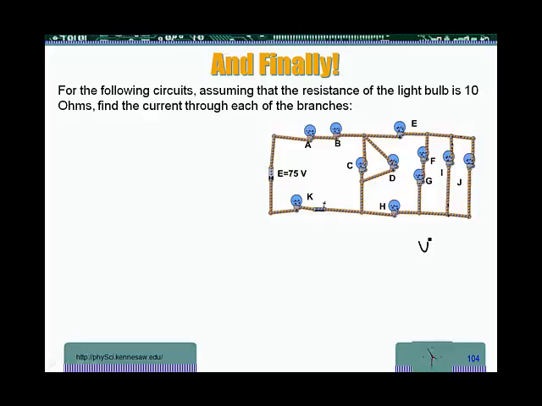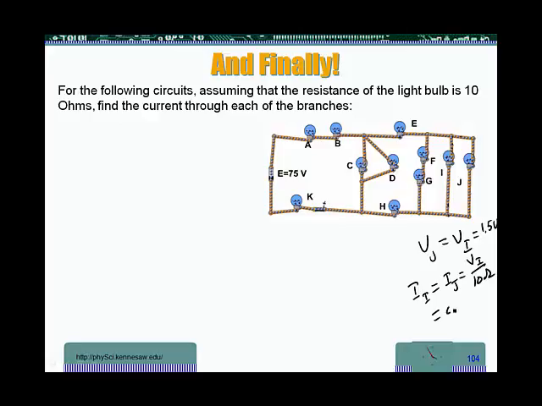Meaning that the voltage across J is equal to the voltage across I, it's 1.5 volts. Meaning that the current through I is equal to the current through J is going to be VI over 10 ohms.